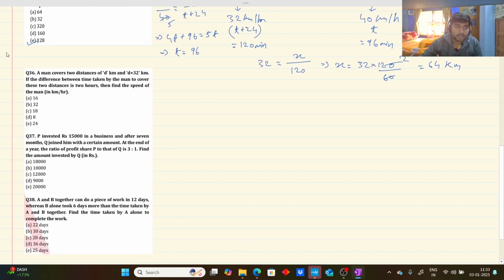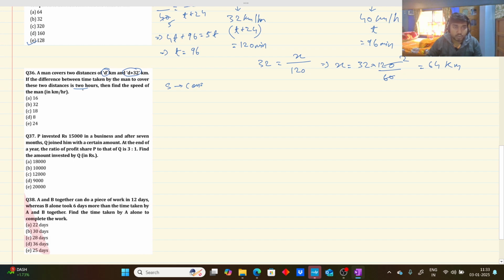That is my answer. Let's see the next question. A man covers two distances, d kilometer and d plus 32 kilometer. If the difference between time taken by the man to cover these two distances is 2 hours, then find the speed of the man. By reading the question, I see that speed is constant. Since speed is constant, to cover the larger distance, d plus 32 kilometers, he has taken 2 hours extra compared to the time he would have taken to cover just d kilometers.